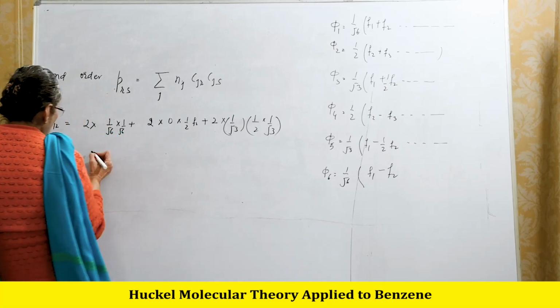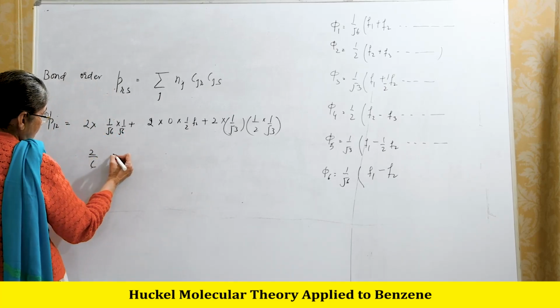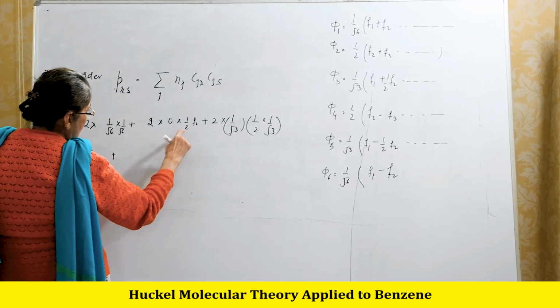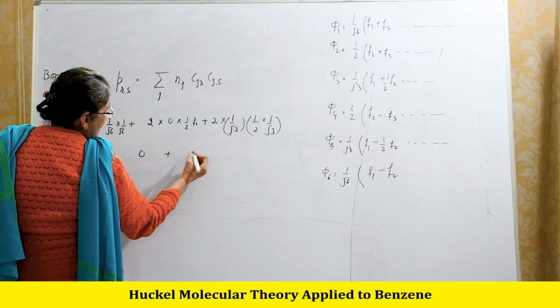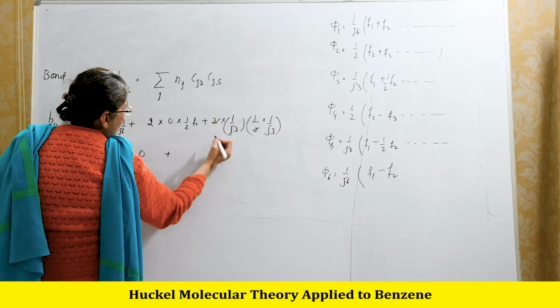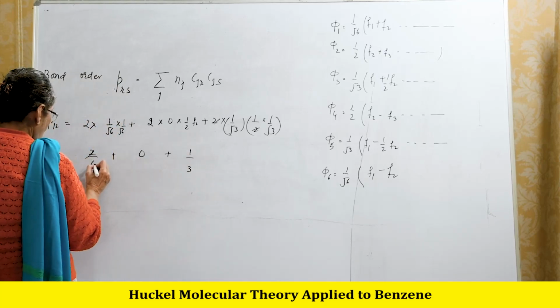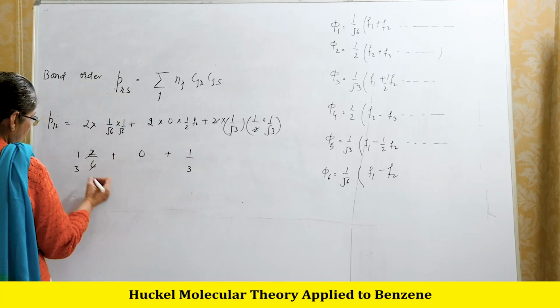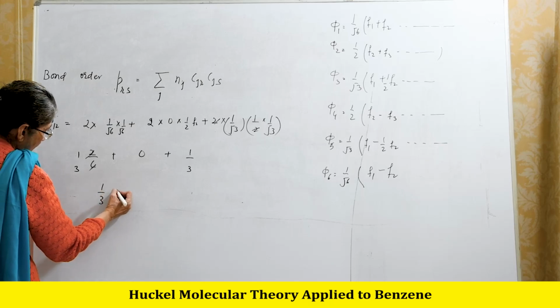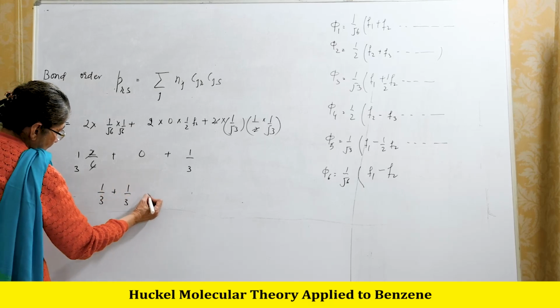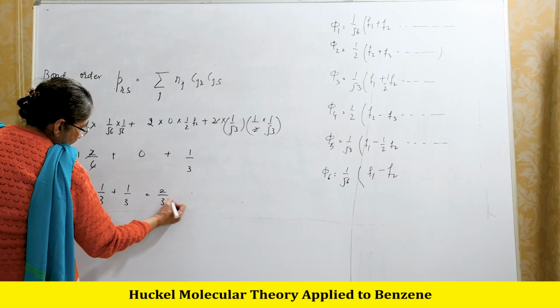So we get 2 by 6 plus 0 plus 2 by 6, this is 1 by 3 and 1 by 3, so 1 by 3 plus 1 by 3 is equal to 2 by 3.